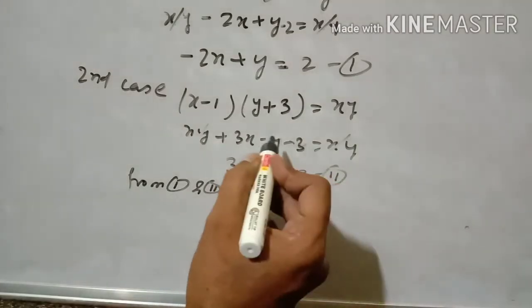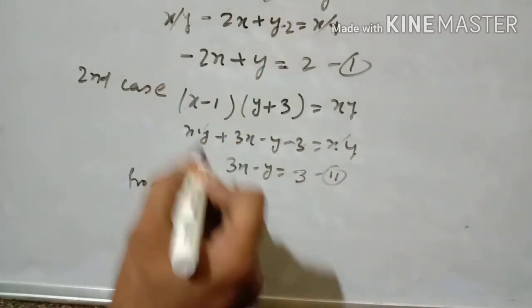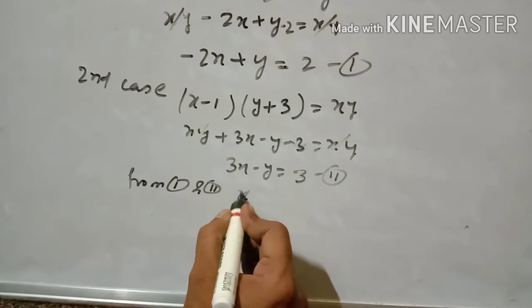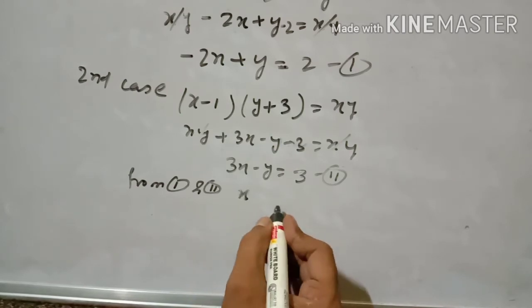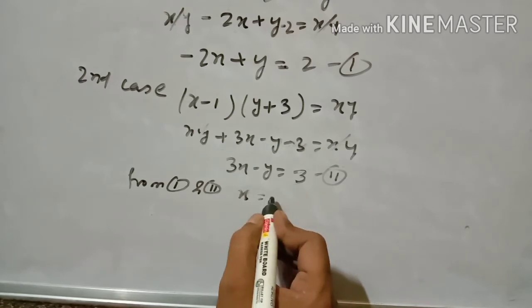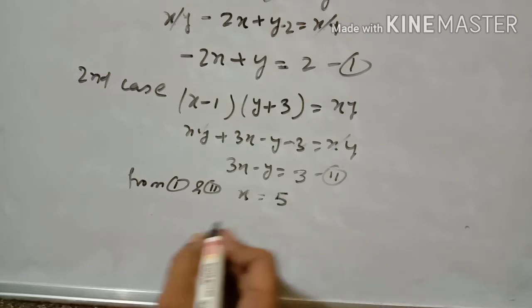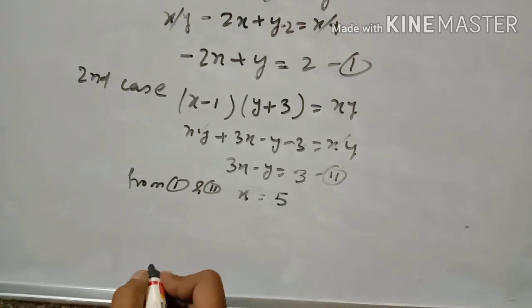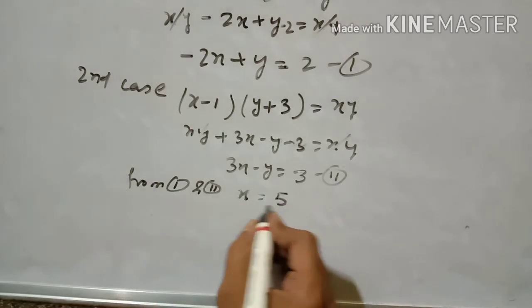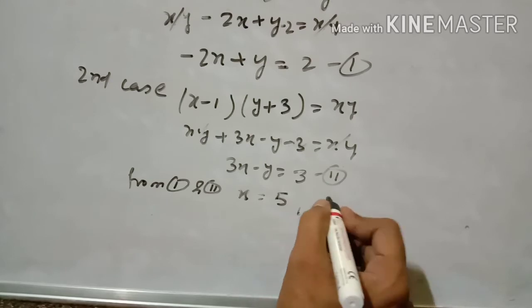From 1 and 2, this is minus y, this is plus y, it will be cancelled. Minus 2x, this is 3x, so therefore from 1 and 2 we get x equal to 5, because 3 plus 2. Now substitute the value of x in equation 1.